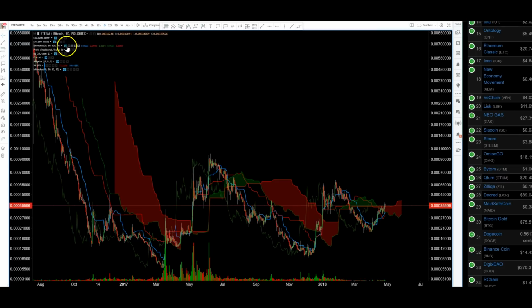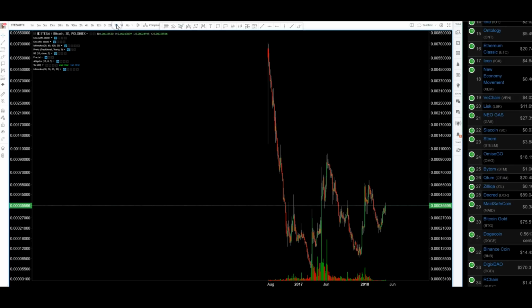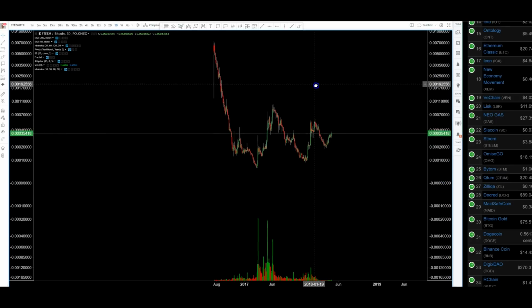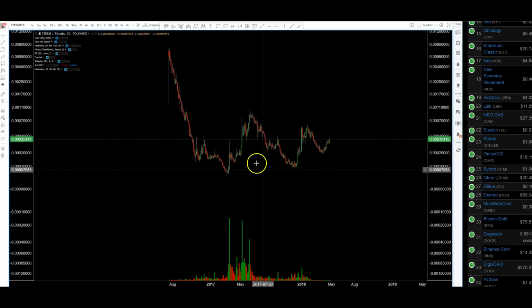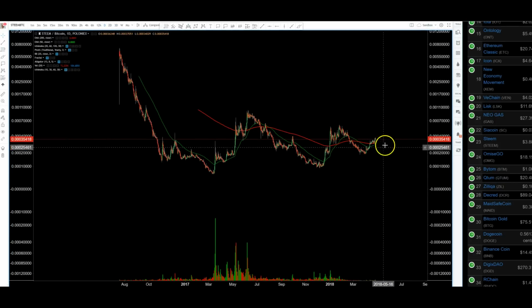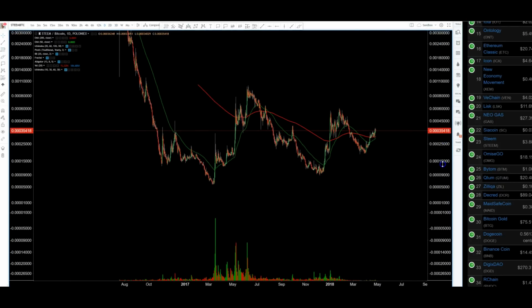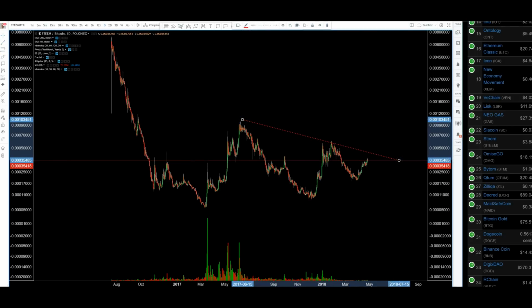Let's go to a high time frame just because there's a lot of data here. And I always like to zoom way out and just see if there's anything here. So 5200 bullish cross coming up on the daily. It looks like there's some sort of thing here.